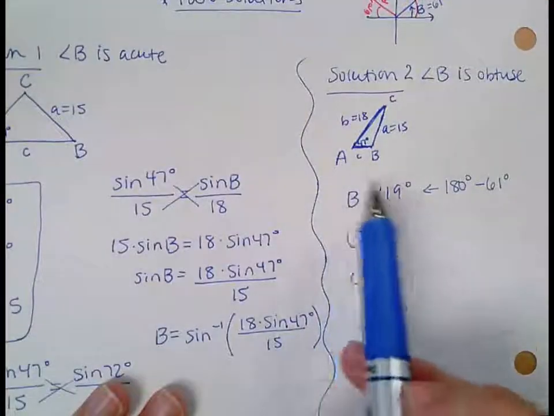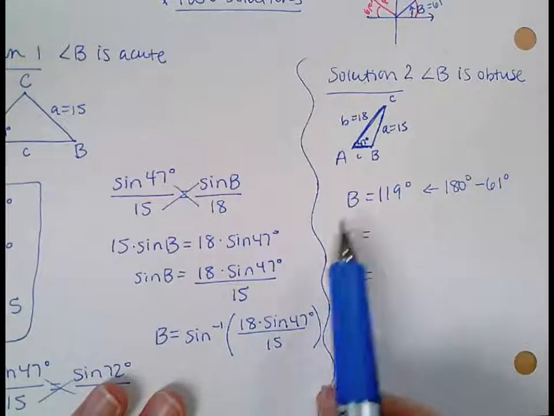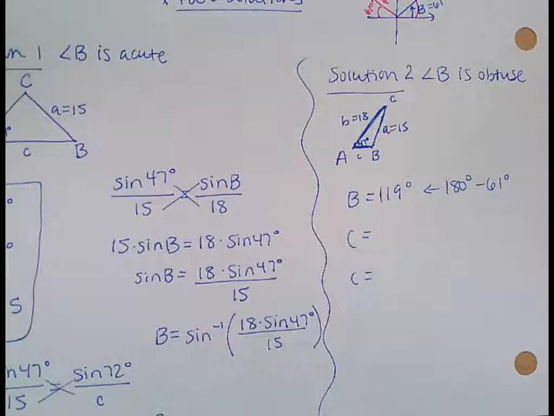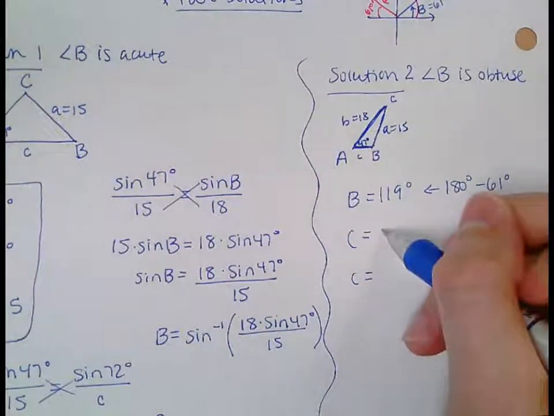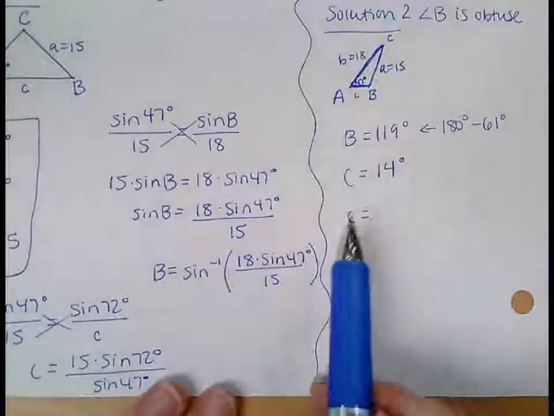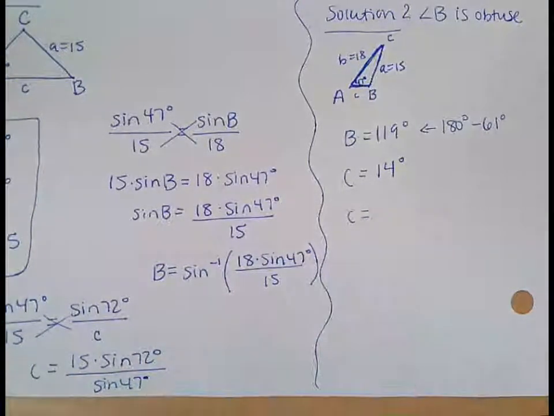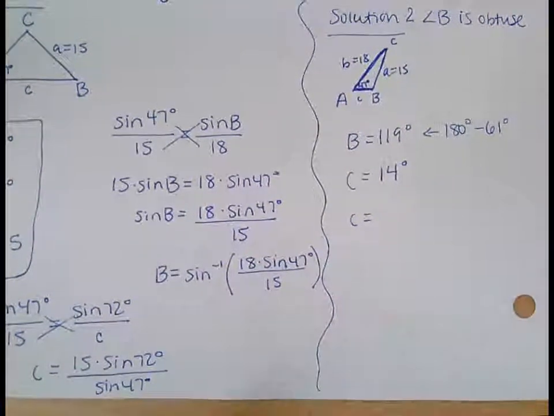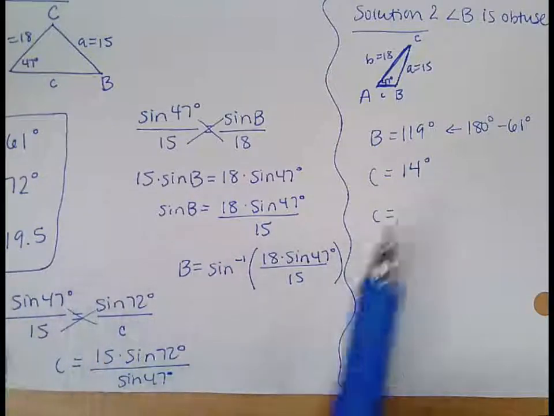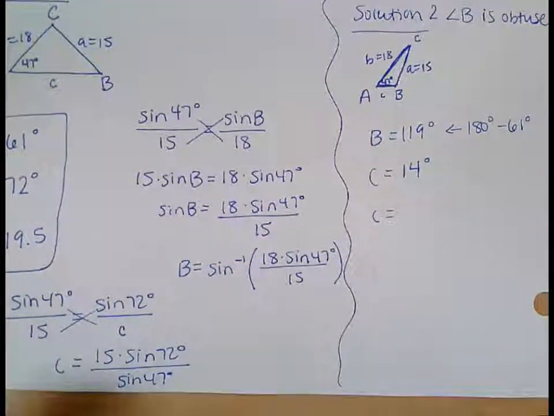So we have angle B. We'd find angle C the same way we have been: take 180, subtract angle A of 47, subtract angle B of 119. So in this triangle, angle C is going to be 14 degrees. And then to find side C, you would use the law of sines. So I can still set it up the same way we found side C in solution 1, just the angle C is different.